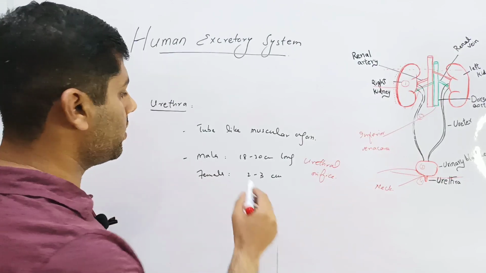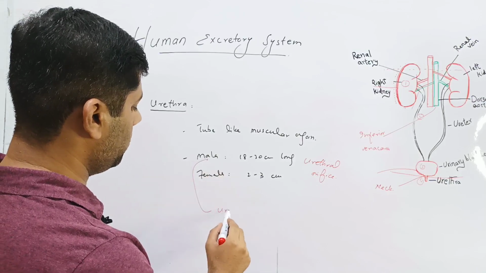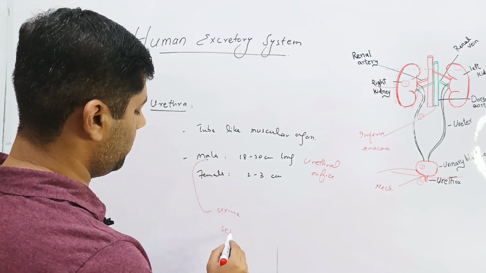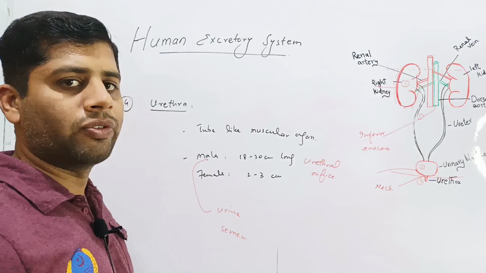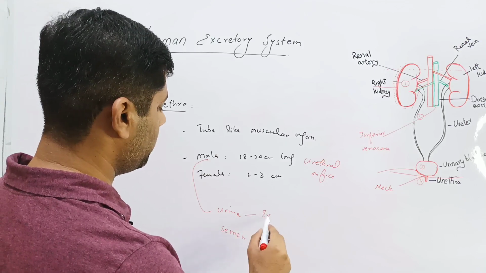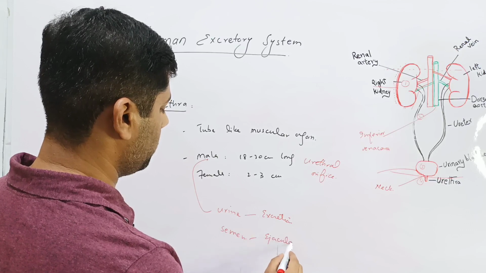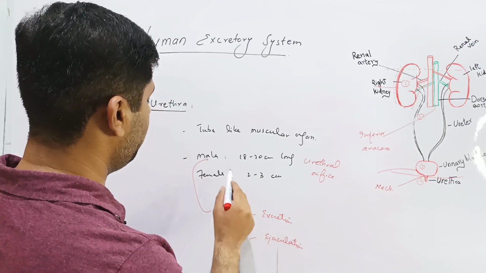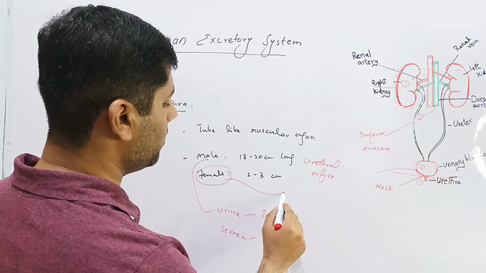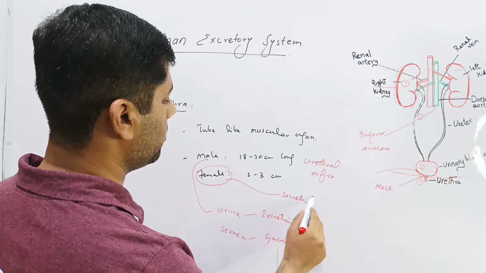In males, the urethra carries both urine and semen, so it has a dual function for excretion as well as ejaculation. While in females, it performs only excretion or urination.